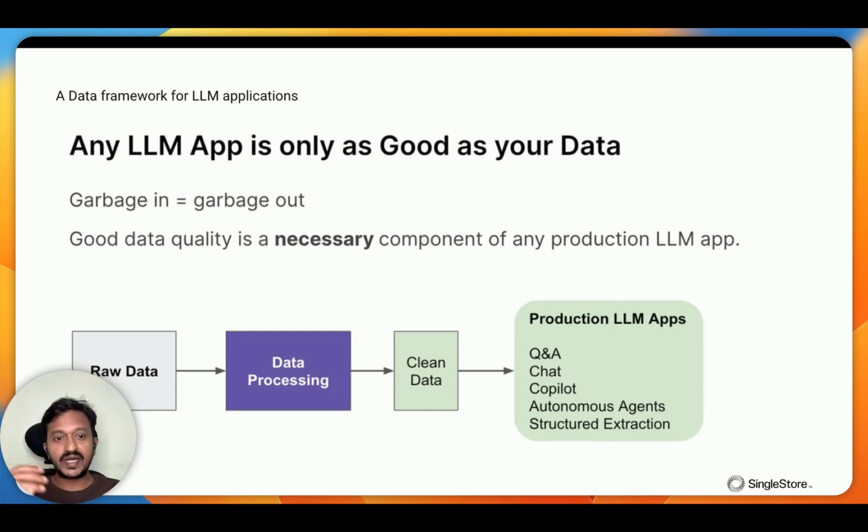Good data quality is a necessary component of any production LLM application, as you can see here: the raw data, data processing, and clean data, and then with that you can build production-ready LLM applications like Q&A chatbots, Copilots, autonomous agents, structured extraction and all that.